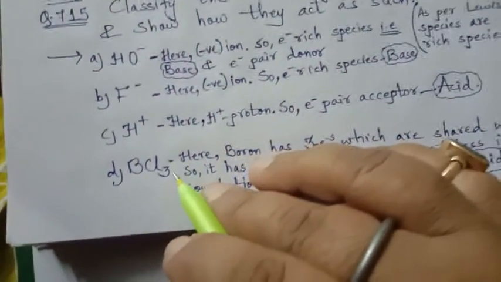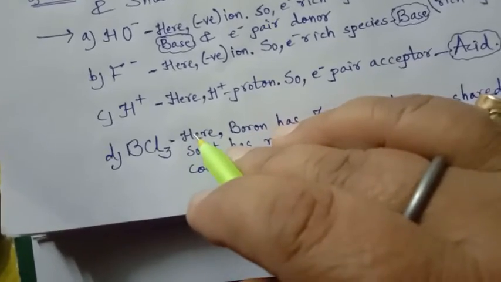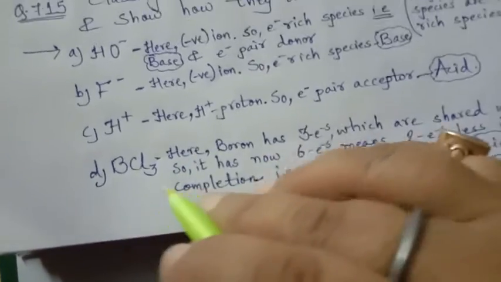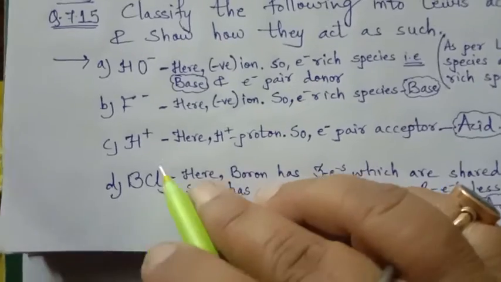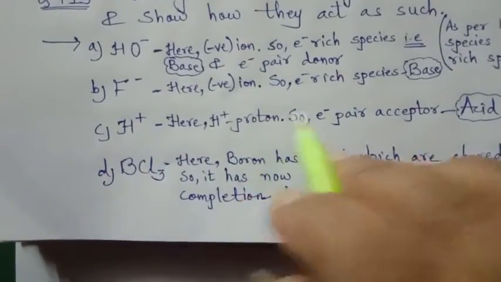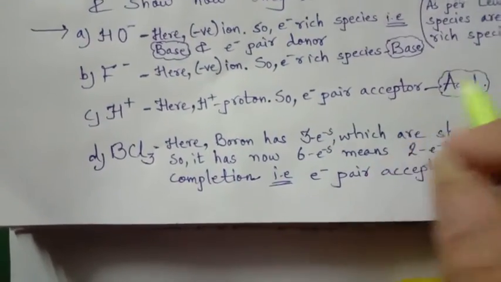And BCl3. We know H plus, the proton, is the electron acceptor, so it is an acid.